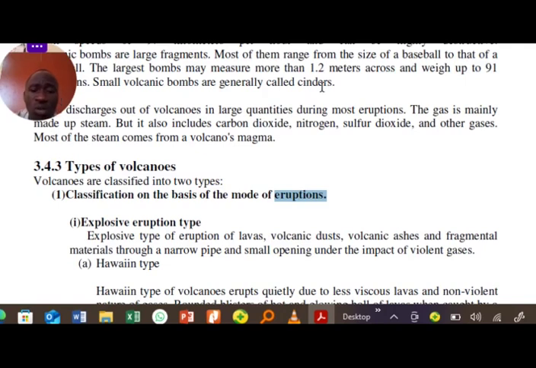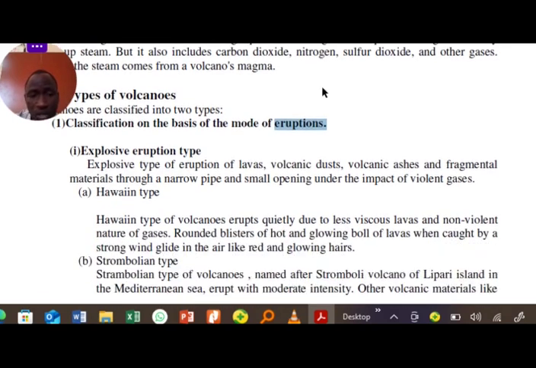We have a type of eruption known as the explosive eruption type. This explosive volcanic eruption deals with the eruption of lava. We can also call them volcanic dust, volcanic ashes, fragmental materials. These move through what we call a narrow pipe or a small opening found within the Earth's crust.